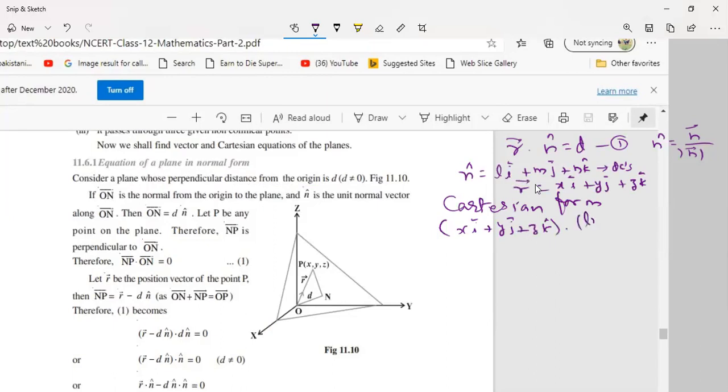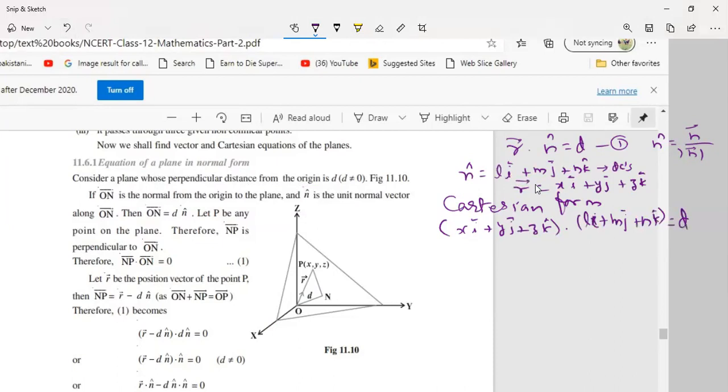lx. Again, I am telling you, this is the equation where the direction cosines are given. Means this is n cap, a unit vector. If vector n is given, we have to convert it into the unit vector. So in the next part, we will see that one. So li plus mj plus nk is equal to d.